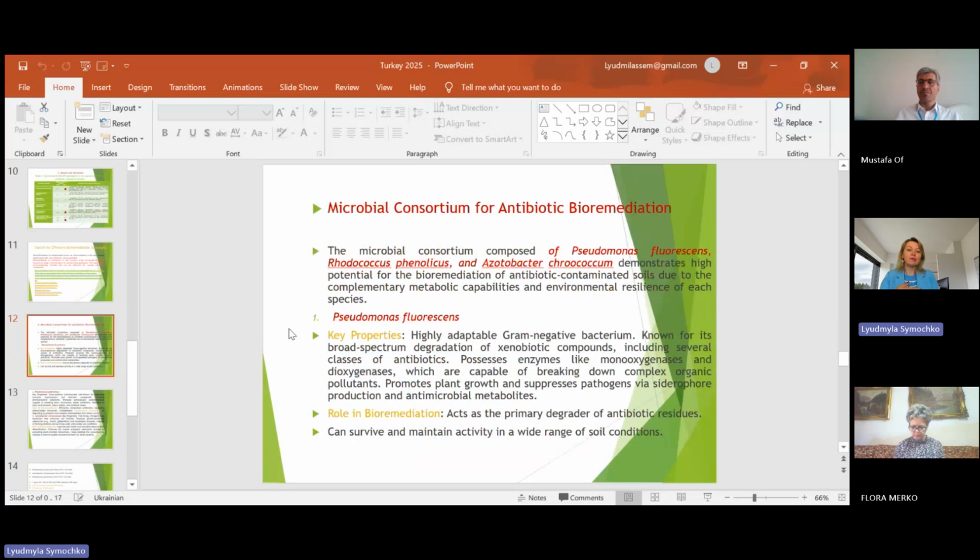So it's like a primary destructor of antibiotics, because Pseudomonas fluorescens can degrade antibiotics with quite complicated biochemical structures. Its role in bioremediation is to act as the primary degrader of antibiotic residues, and of course it can survive and maintain activity in a wide range of soil conditions, because these strains are characterized by a quite high level of adaptability.